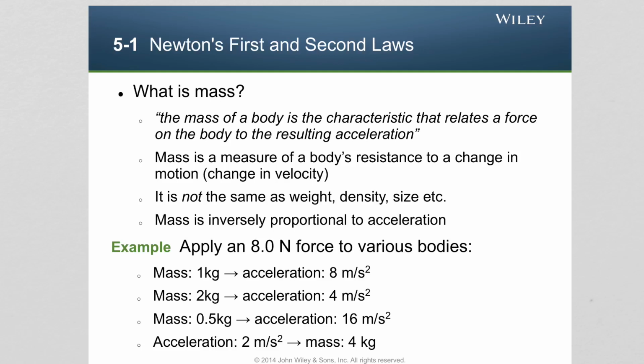Mass is simply the amount of material, or substance, or quote-unquote stuff, that is contained in the volume of an object. But the more important property of mass, which is related to inertia, is that mass is a measure of a body's resistance to change in motion, which means change in velocity.